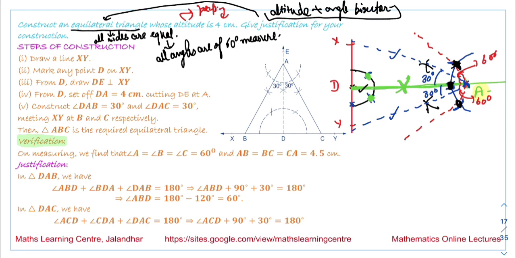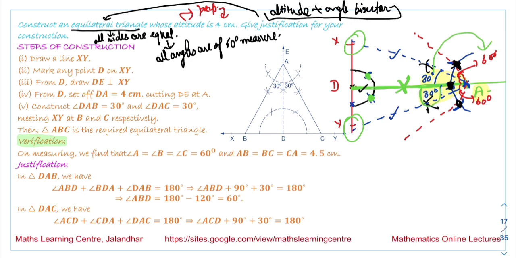It means this total angle at this point is 60 degrees. Now if we measure the rest of these angles, they will be 60 degrees. Why? This is the justification part.